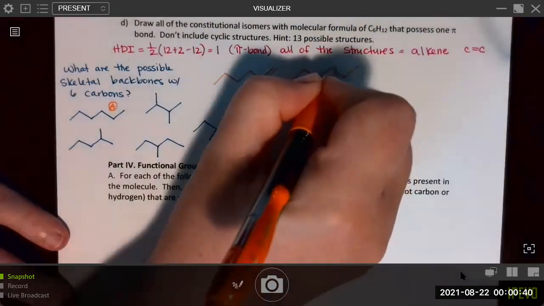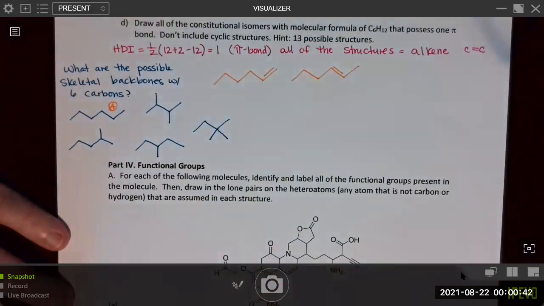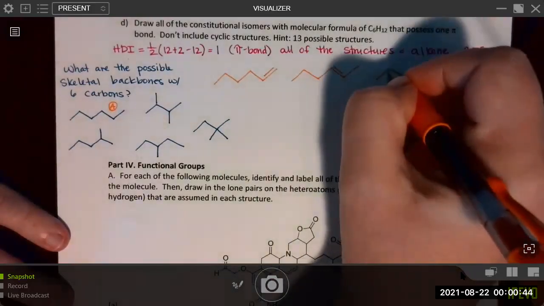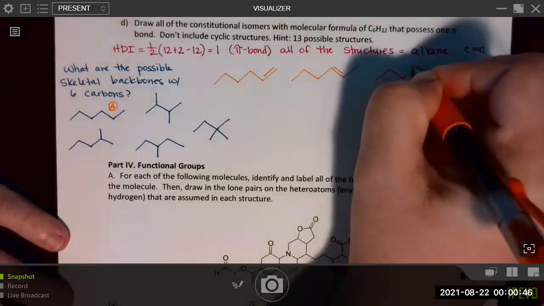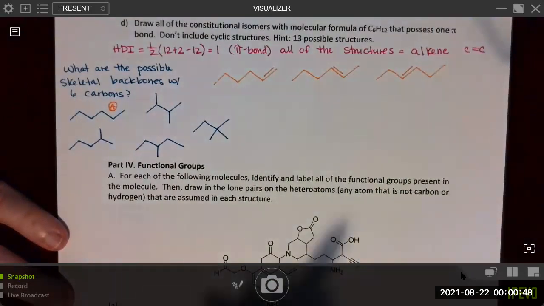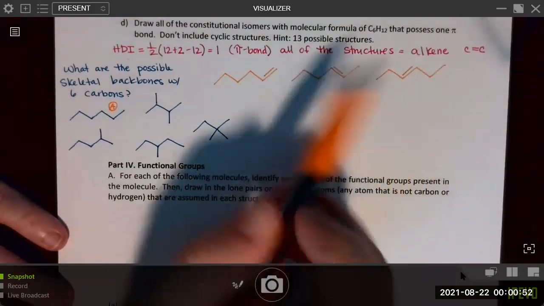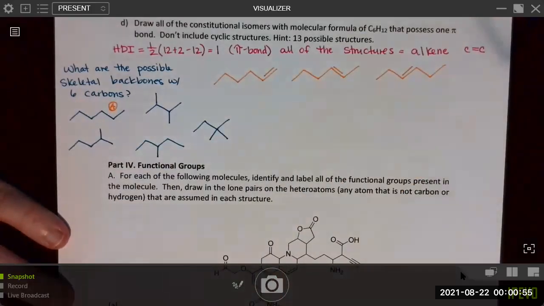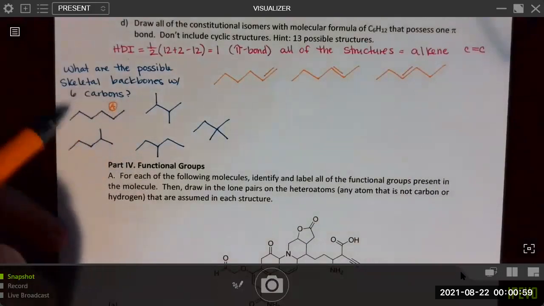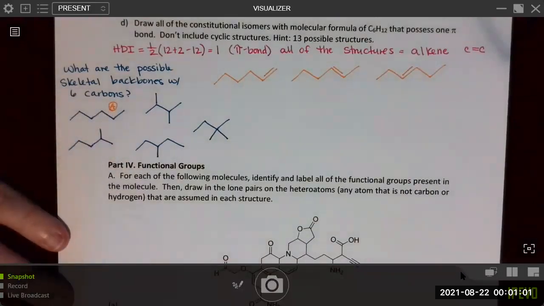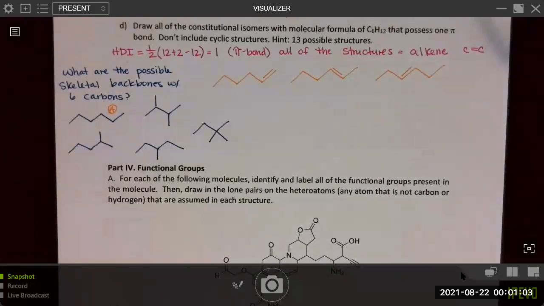The double bond could be here. And lastly, carbons in a row with the double bond there. If I keep going, if I put the double bond here, I'll end up with the structure. It's flipped over. Okay, so that's not very helpful. So only 3 with this skeletal backbone.